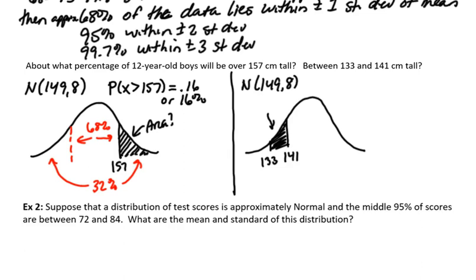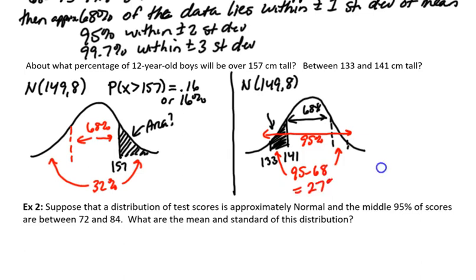If I look at the symmetry of this, I know that this section in here has 68% of the data, and if I go from here to here with the 2 standard deviations, this would be 95%. So 95 minus 68 would give me the area in here and in here. So this would be 95 minus 68, which equals 27.